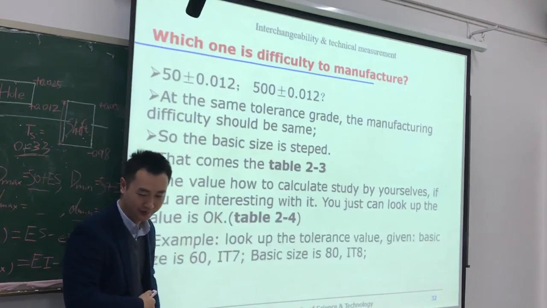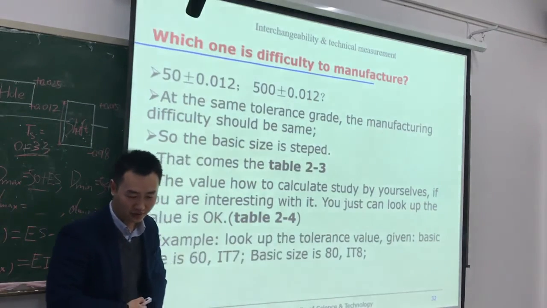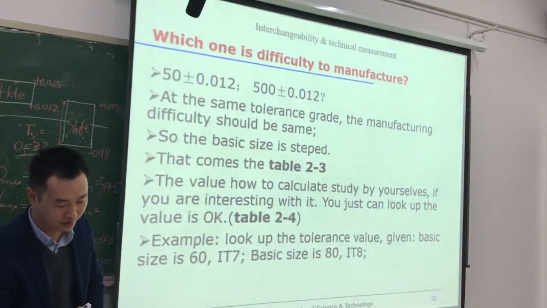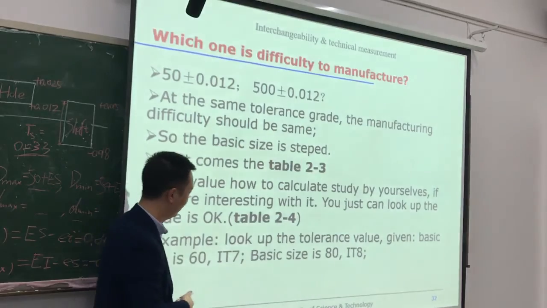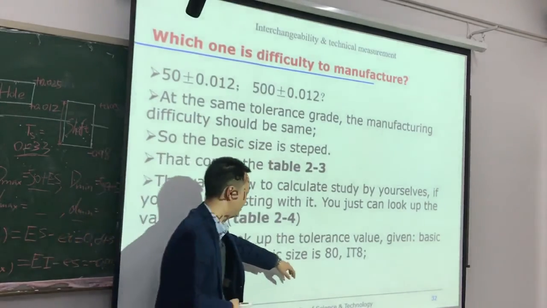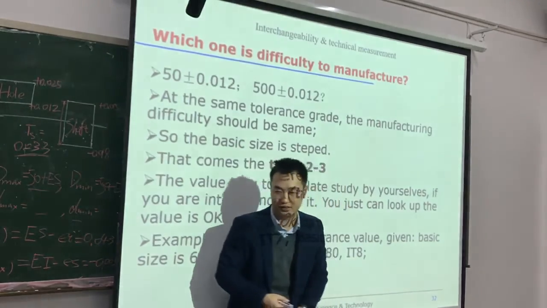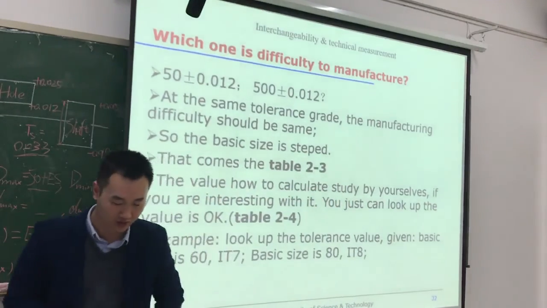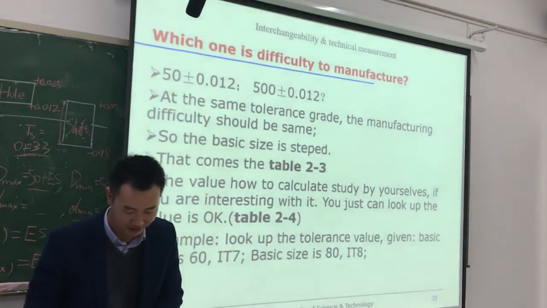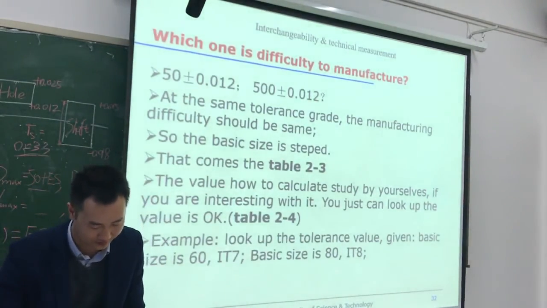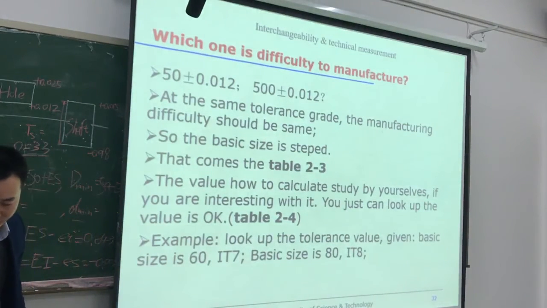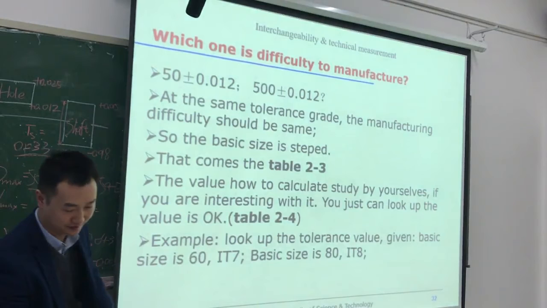Table 2.4. So now let's have an example. Look at the tolerance value given basic size 16 IT7 and basic size 14 IT8. Just find the tolerance value according to the table. So try to find the tolerance value.